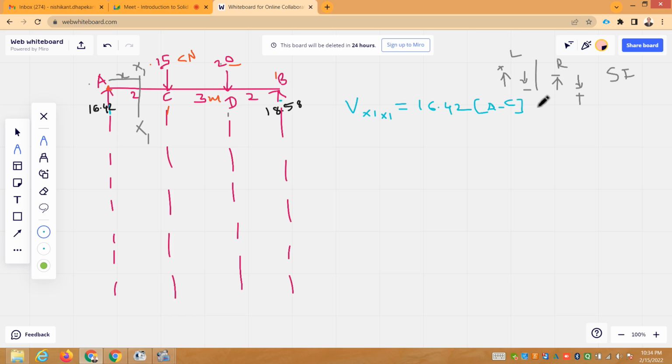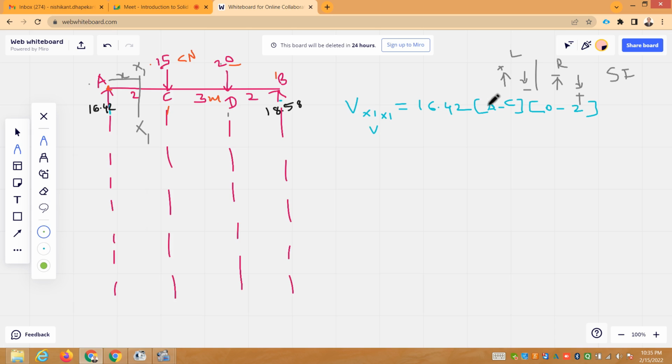If the section will move to A, x will be equal to 0. You can watch my previous videos, in which I have explained how the extreme conditions and values are to be put. So if this section will move to C, x will be equal to 2. From this master equation, which doesn't contain any variable x, you can easily calculate the shear forces.